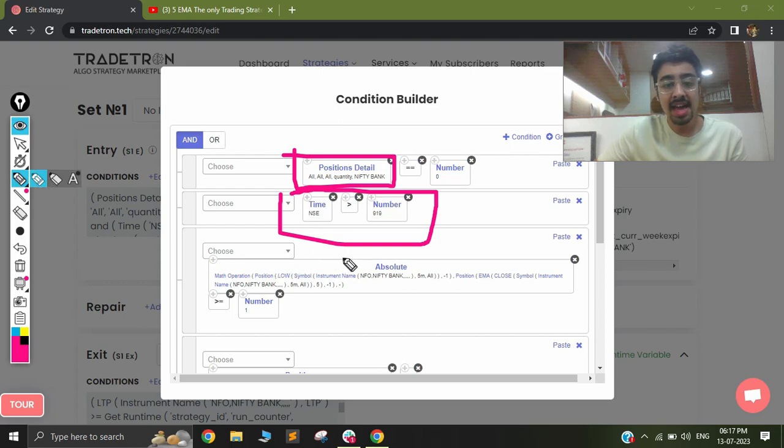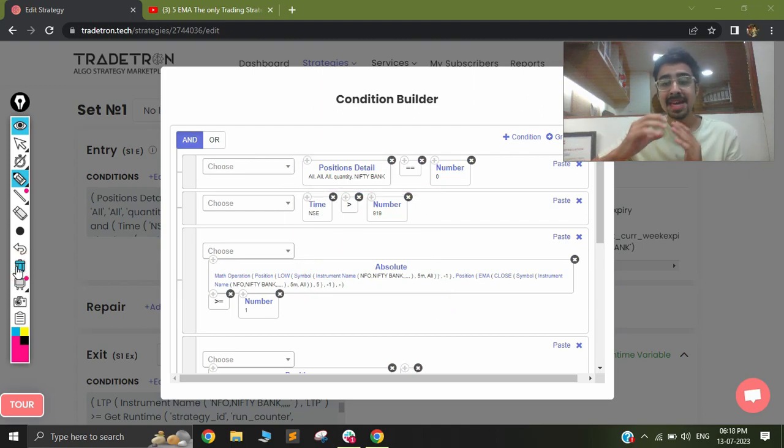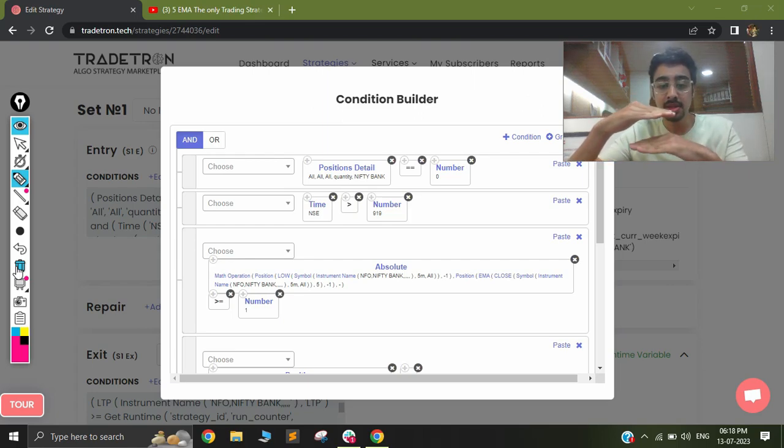Now I have one condition which is an absolute condition. It makes sure that there is a difference from the EMA line. If this is the EMA line and this is the candle that I'm looking at, there has to be at least a 1 point difference between the low of that candle, which you see out here, and the EMA.